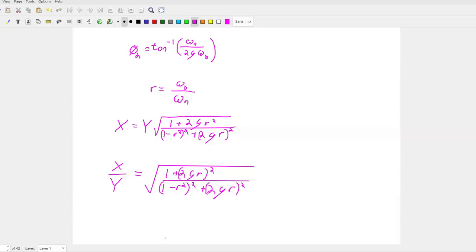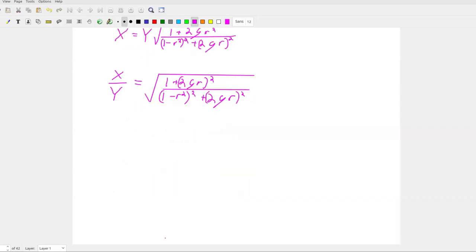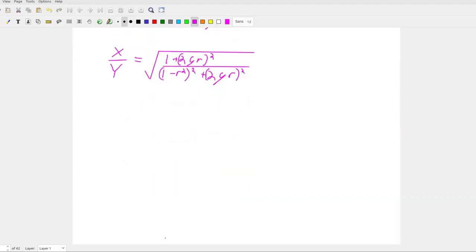Okay, this means that we have an expression that we can plot out for different values of r, right? So r, again, is our omega_b over omega_n. So that's r.